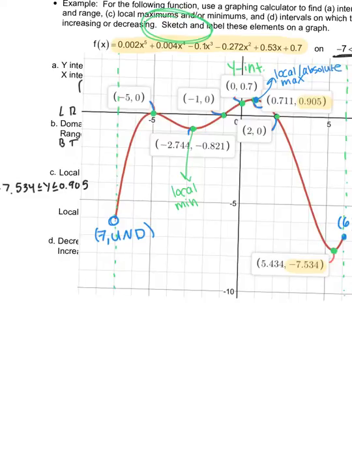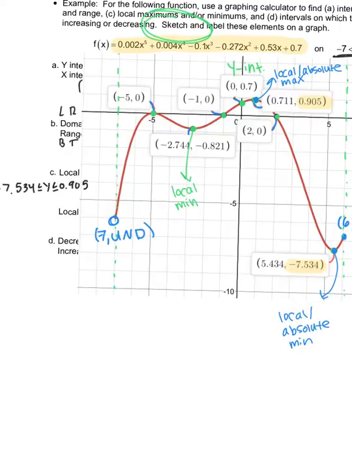So it's local because it's in the picture, and it's absolute because it's the highest overall point in that picture. Where else? And then at the very bottom, this point down here, this is going to be a local and an absolute min.